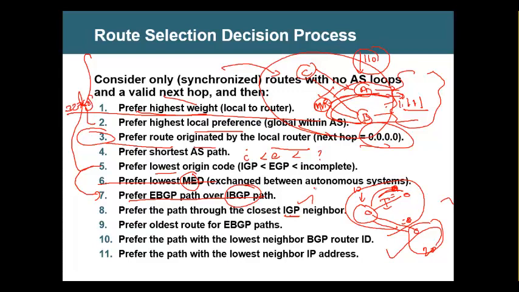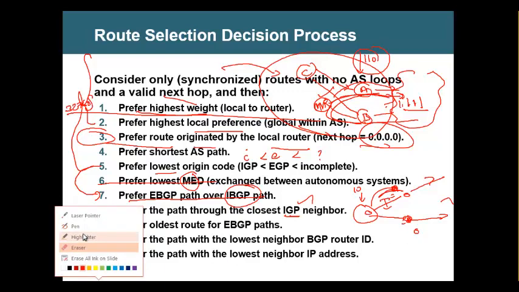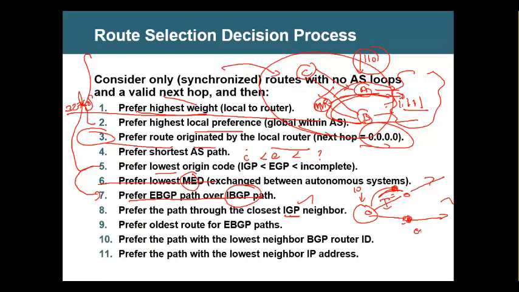For example, I can go this way, I can also go this way. Both are IBGP neighbors.